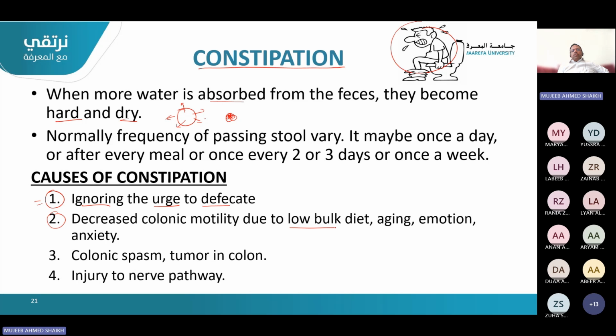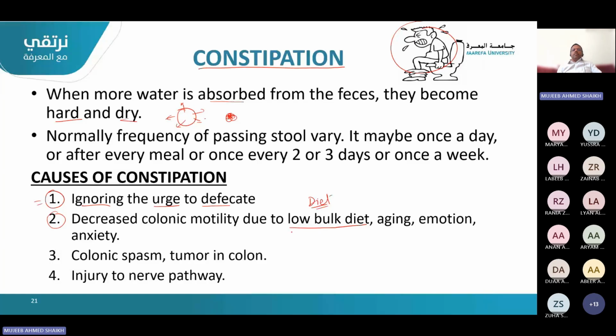Another cause is decreased colonic motility, maybe because of low bulk in the diet. The diet is very minimal, usually found in people who are dieting. They want to lose weight and are not eating a sufficient amount of meal, maybe restricting their diet.